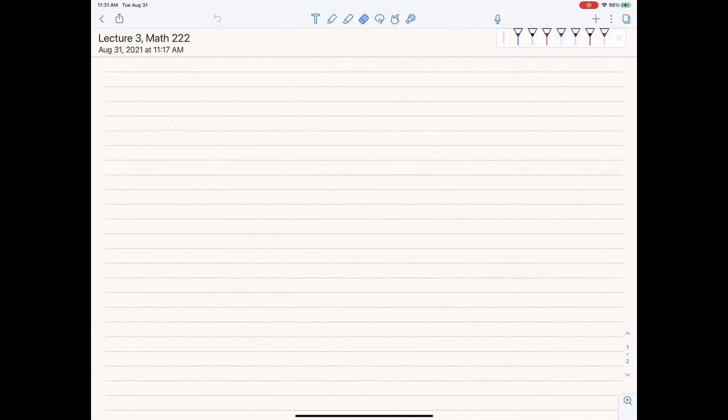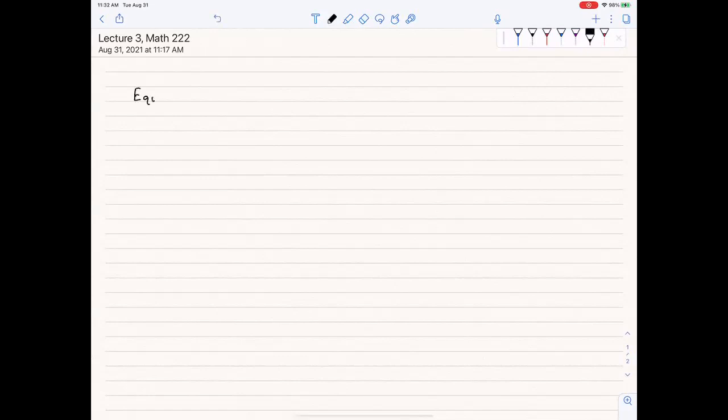Okay, so today what we want to do is talk about lines and planes and their equations, primarily in three-dimensional space, although for lines we'll be able to really do this in arbitrary dimensions. But before I get to that, I want to say some general words about equations in space.